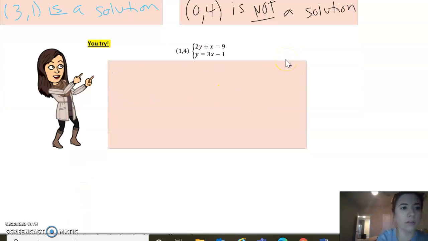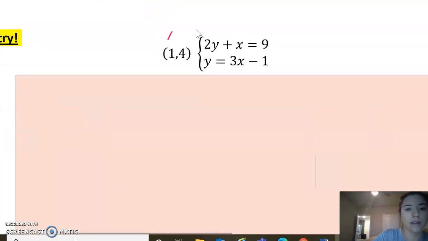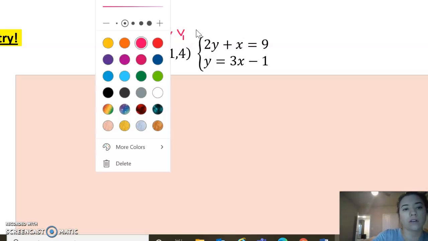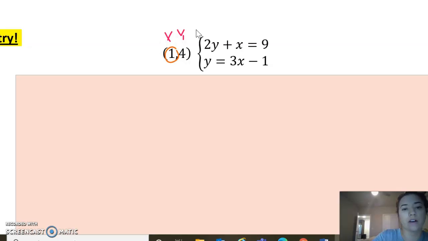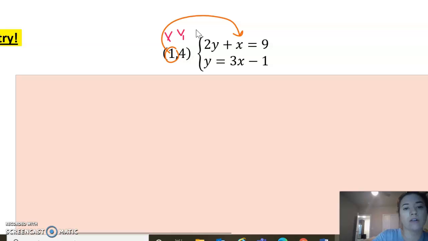All right, let's work through this one. Hopefully you either did it or you're just back checking your answer, or you're looking for some help to get started. All right, so same thing, label it x, y. I'm going to take my x value, plug it in for x. I'm going to take my y value, and I'm going to plug it in for y.